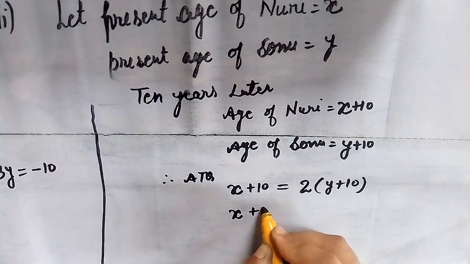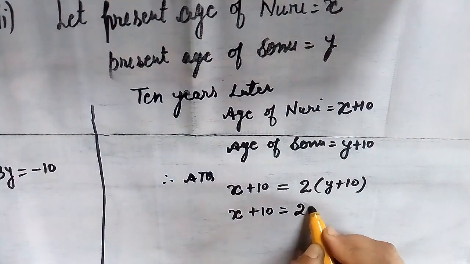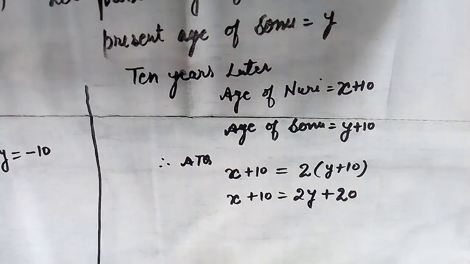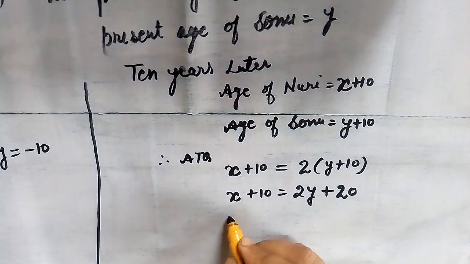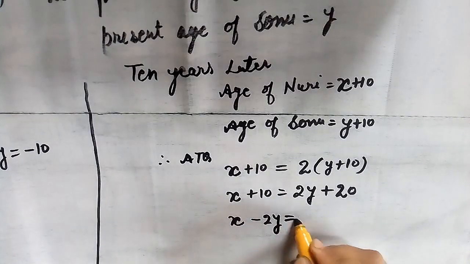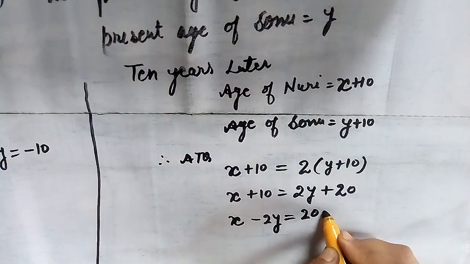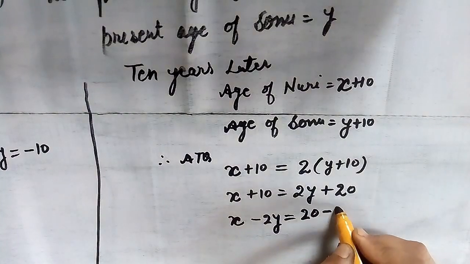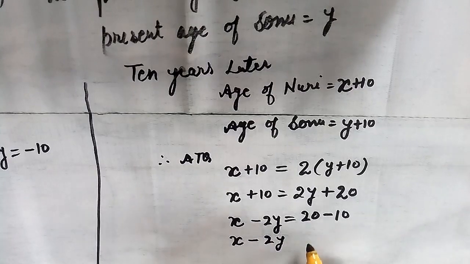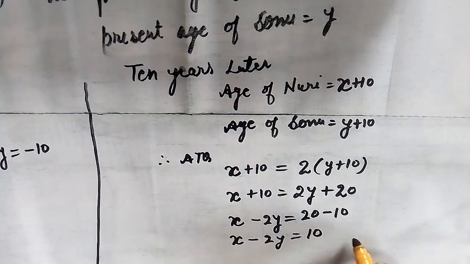Simplify this also, x plus 10 as it is. Multiply 2 inside, so it will be 2y plus 2 tens are 20. Then bring 2y to the left. x minus 2y will be equal to 20 minus 10, and x minus 2y will be equal to 10.